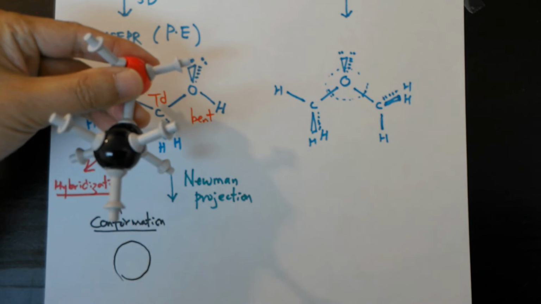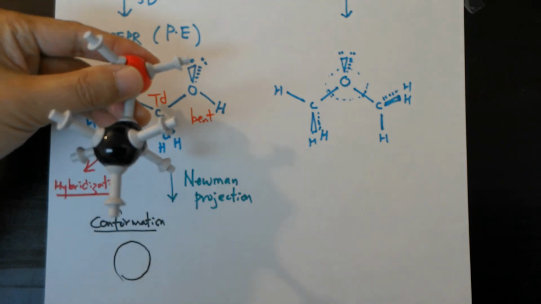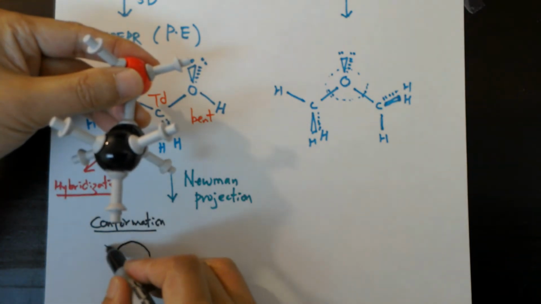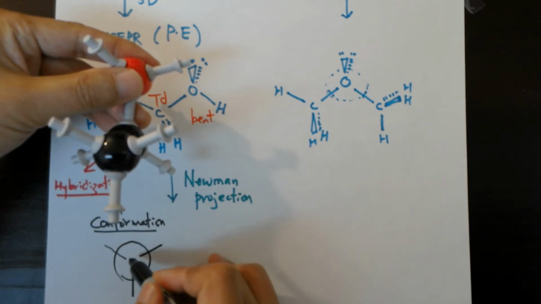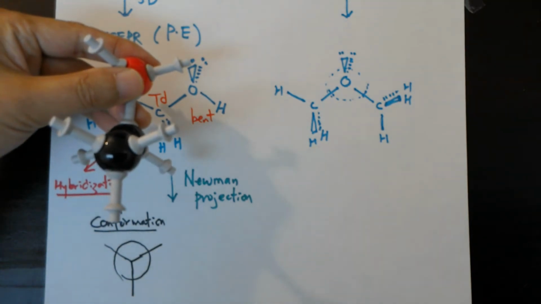And you don't see the bond and you don't see the carbon behind. And you see only three lines in front, like this. But Newman projection must show those lines coming together.